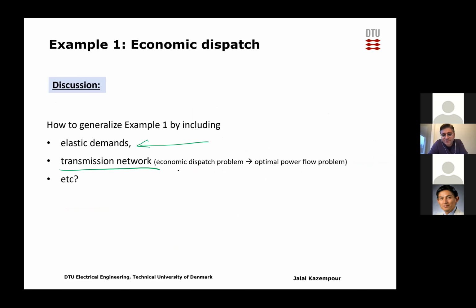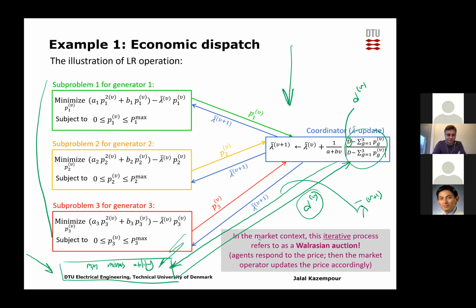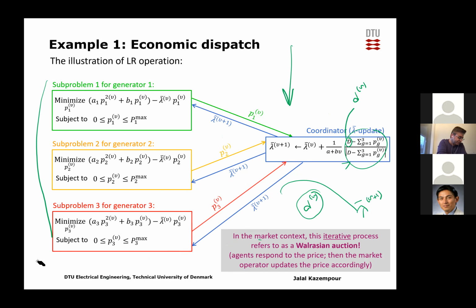Now the next tricky question. Now we have a transmission network. We would like to add it to the Walrasian auction. What should we do? How can we add the transmission network to this Walrasian auction setup?